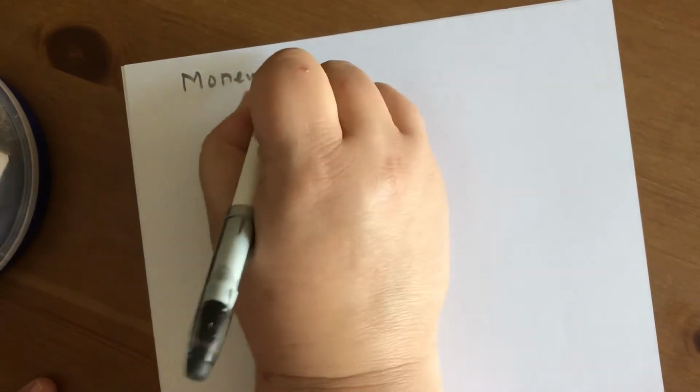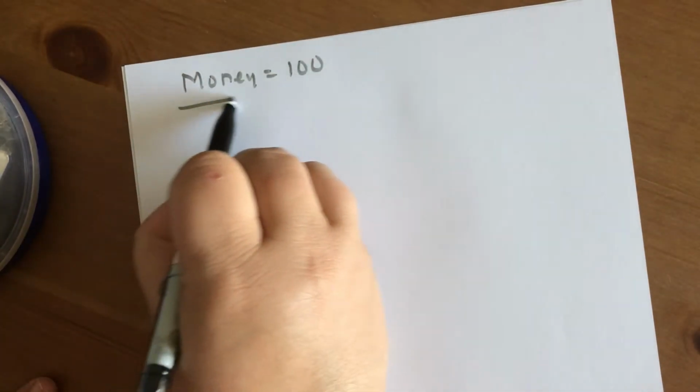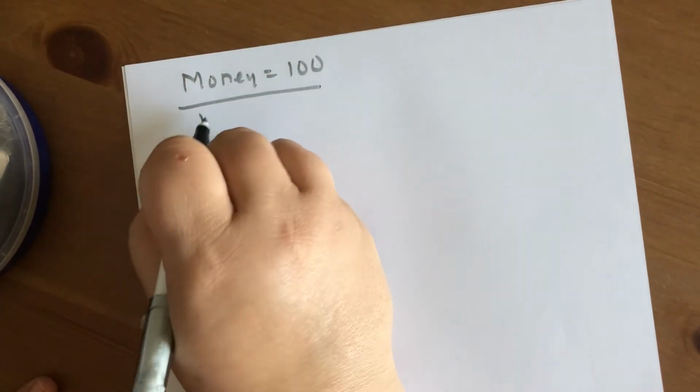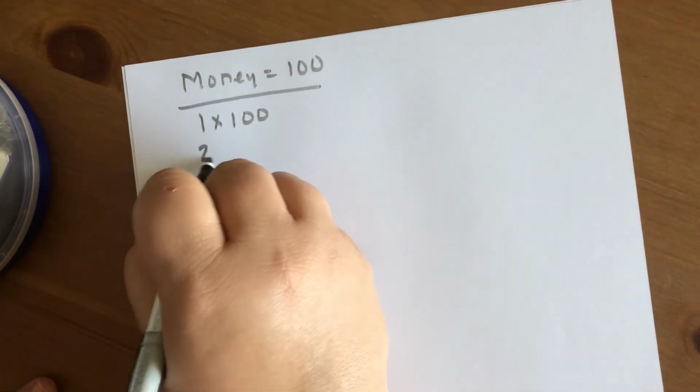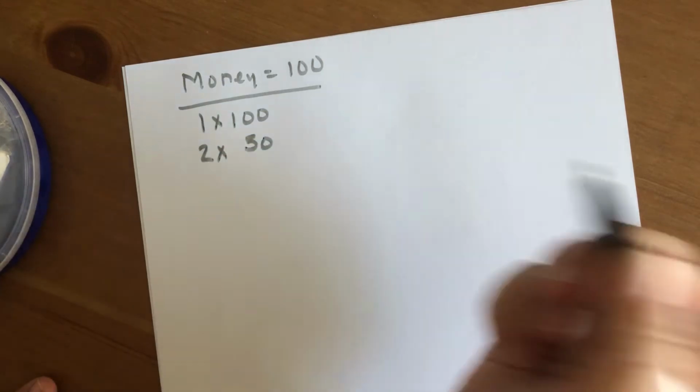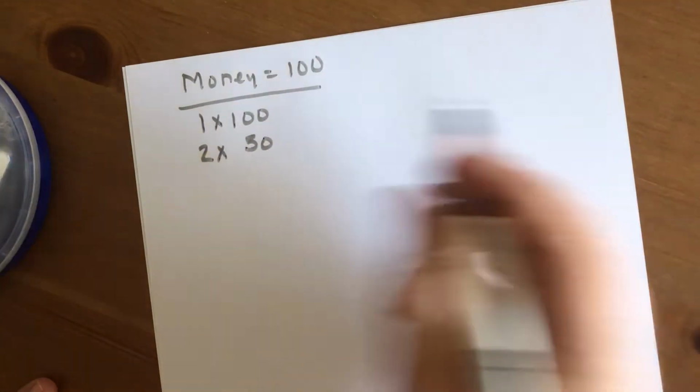Now let's talk about them when we use them with our adding fractions. We focused first on money, because money we knew was out of 100. And we talked about, okay, we have pennies, that you need 100 of them. We talked about half dollars that are 50 cents each.